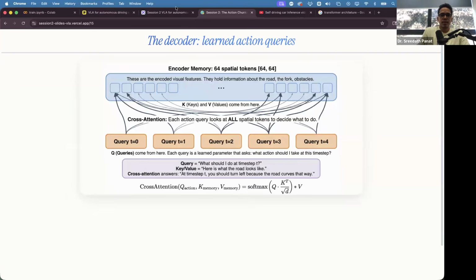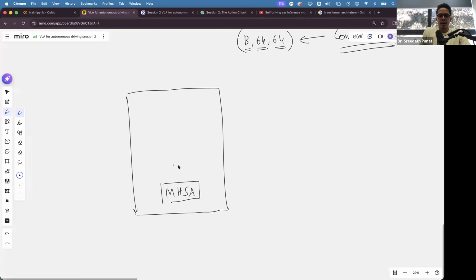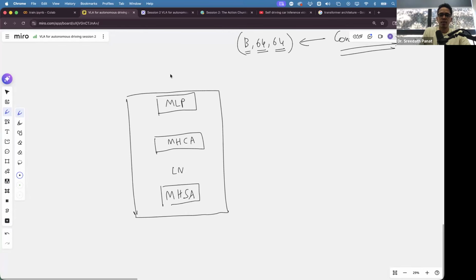So multi-head self-attention, followed by layer normalization, then multi-head cross attention, followed by a multi-layer perceptron, and one layer normalization after this. There will be one residual connection around each of these.